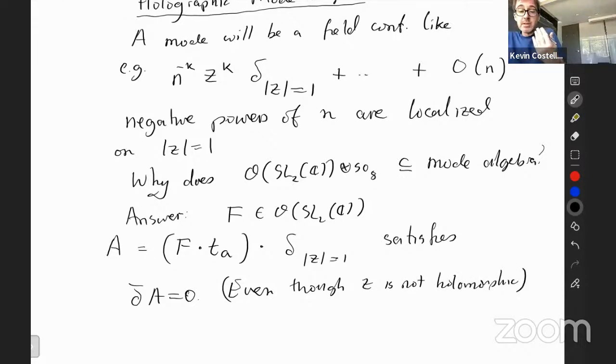So geometrically, what we're doing is we're just taking our holomorphic function and multiplying it by a delta function on a 5 manifold, which at infinity goes to this circle where Z is 1 like that. And the reason this satisfies the field equation is just this is closed.